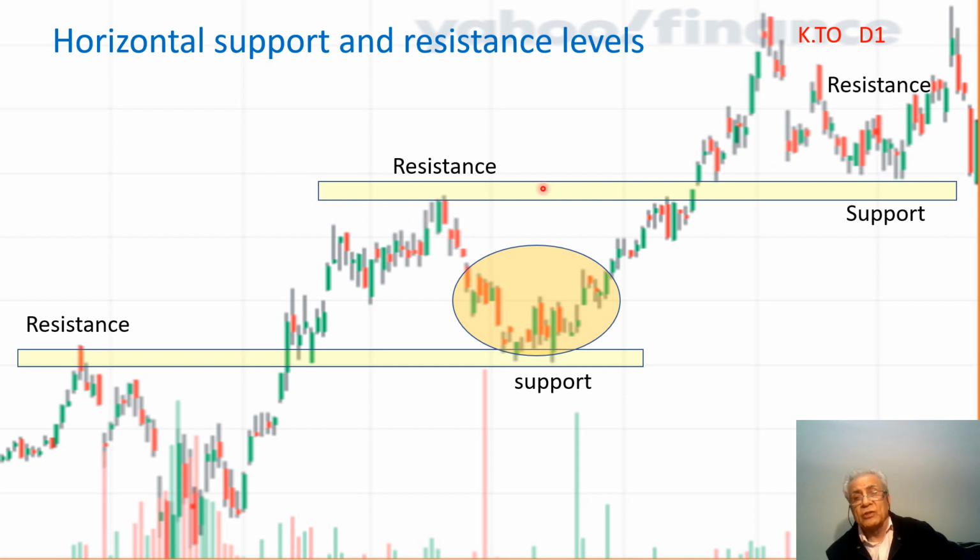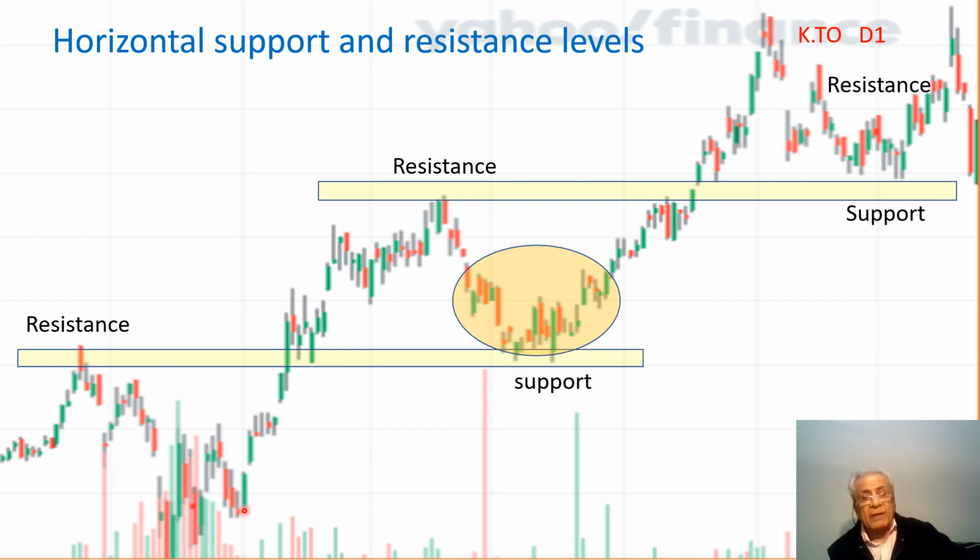I install two support and resistance levels. In order for these two support and resistance levels to be valid, they have to have 3 touches minimum. 1 touch, 2, 3, 4. That's valid. This one is 1, 2, 3, 4, 5. So this is valid too.